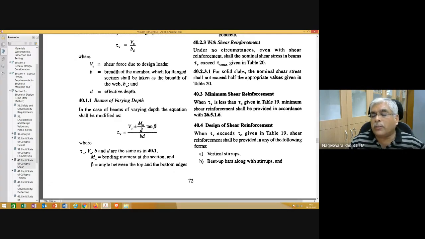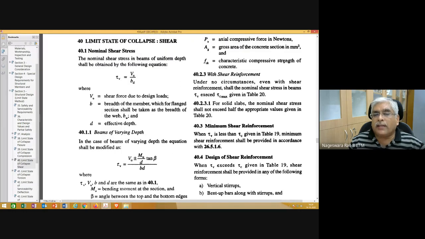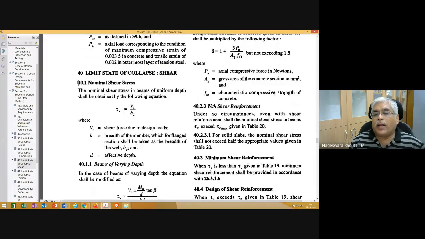Based on that, you should be able to decide the plus or minus sign here and get the nominal shear stress. Okay. So whatever is given in clause 40.1 gives you the relations, how to calculate nominal shear stress given the section of the beam, and given the shear force and bending moment at a particular section that you are interested in.